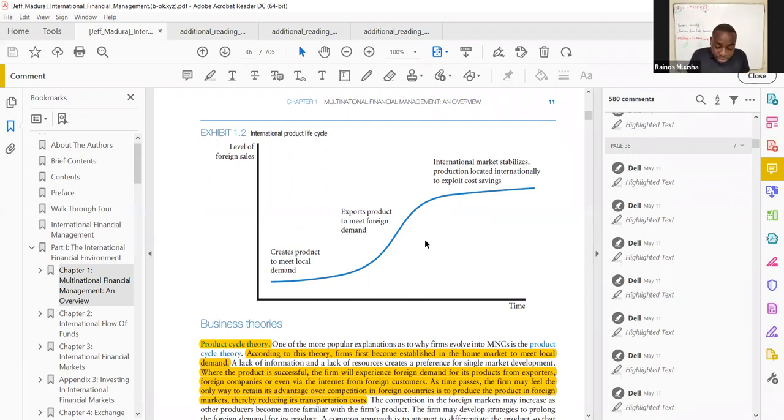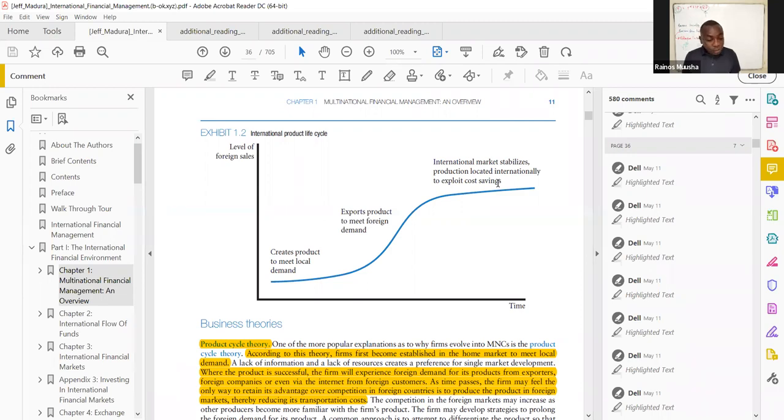why don't we set up subsidiaries in those foreign countries as well? So this is the third phase, where the international market stabilizes and production is located internationally to exploit cost savings, because now you've seen enough demand for your goods or services from a particular country, which means the next phase would be to set up subsidiaries.